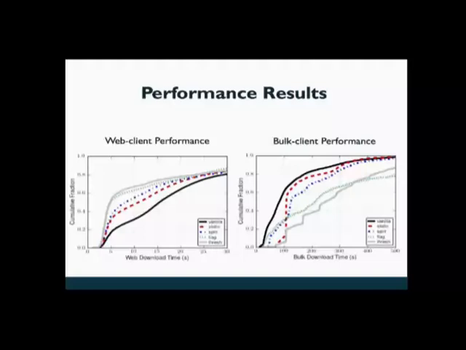The static throttling approach does the worst of the throttling approaches, and the threshold and flagging algorithms perform the best for clients. We can also see here that bulk client performance does get worse, because we are in fact throttling people who are sending too much data into the network. So we expect bulk performance to decrease.